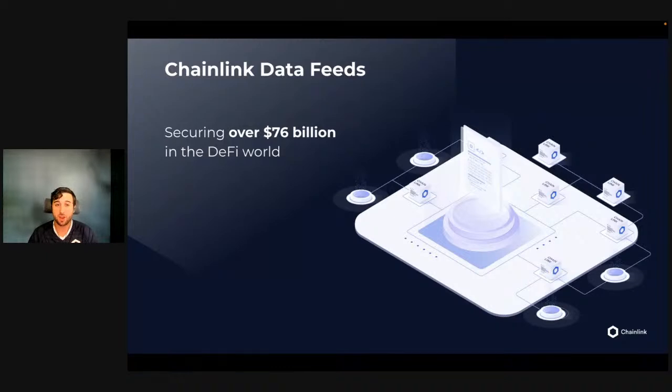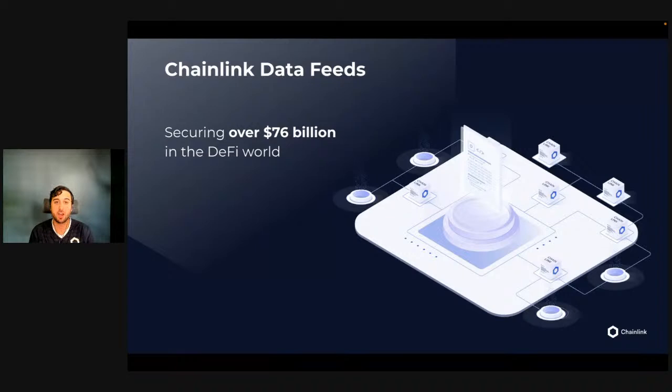So building a DON sounds like a lot of work and responsibility, right? I mean, you have to make sure that the system is extremely secure and delivering high quality data to smart contracts at all times. And this is what Chainlink data feeds are for.